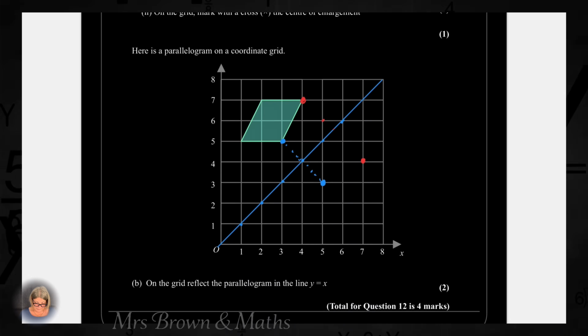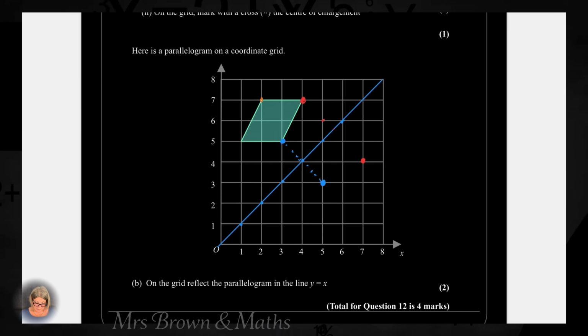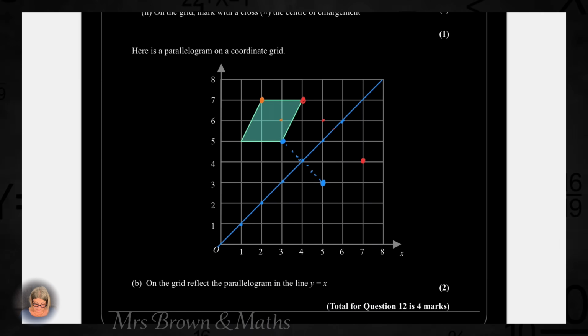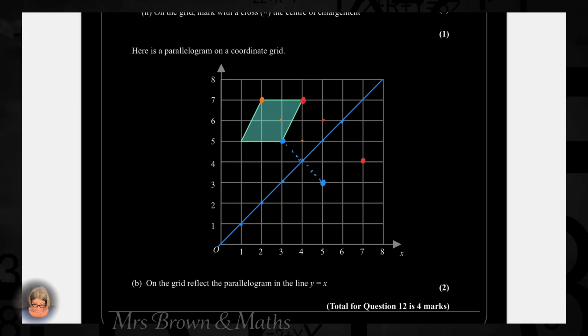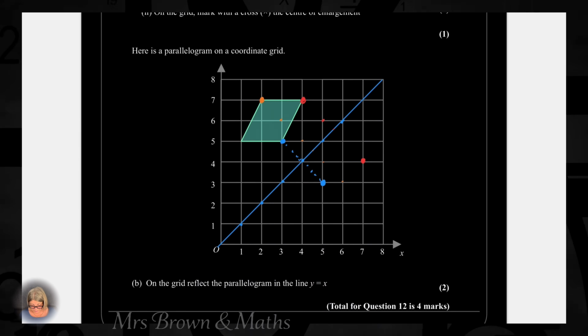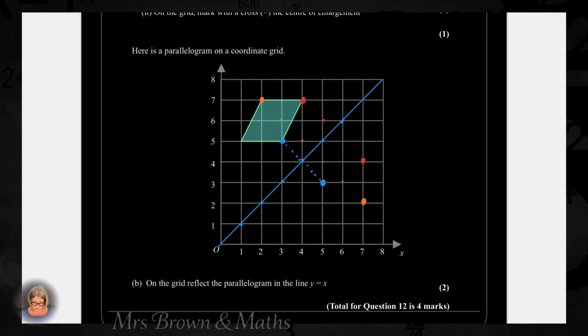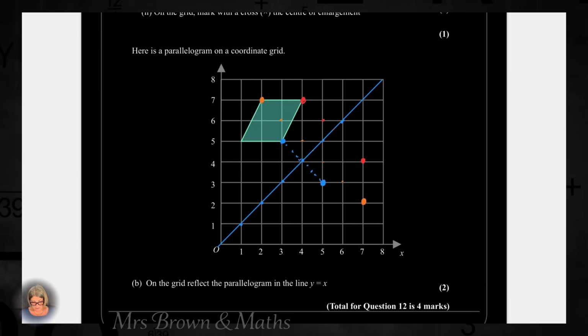Orange one. Let's have a look at this point. 1, 2 and a half. So half, 1, 2. This point will be here. And red, for example. This point, 1, 2, 1, 2.